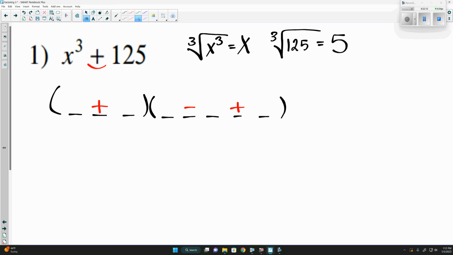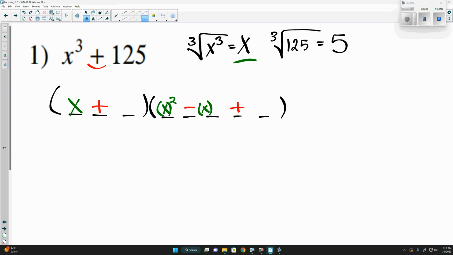Now we can start plugging in the first term. And our first term that we're going to be dealing with is x. So in our first spot, we're going to have x. In the bigger parentheses, first spot we'll have x squared, x to the first, and the last one will technically be x to the 0. And anything to the 0 power is 1.